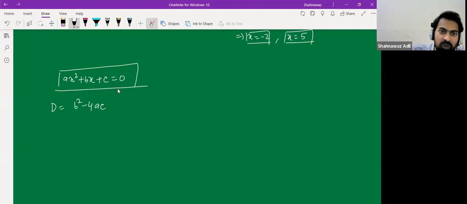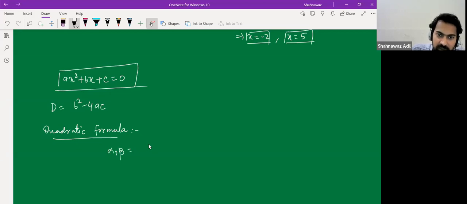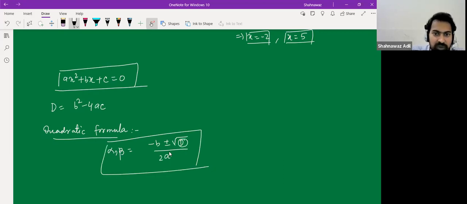And from the quadratic formula, we calculate the roots alpha and beta, which are minus b plus minus root D by 2a, right? So this D determines the nature of the roots. Okay, Shaima.